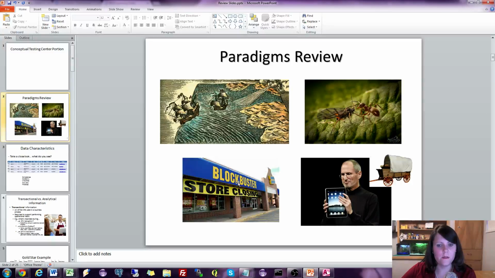Then we talked a little bit about Blockbuster and video streaming that was going to be happening, Netflix, all those companies. Blockbuster essentially experienced what we call paradigm paralysis, in the sense that they couldn't adapt to the new paradigm that was being presented. As a reminder, when a paradigm shift occurs and we have a new paradigm, everybody's put on the same playing field again.